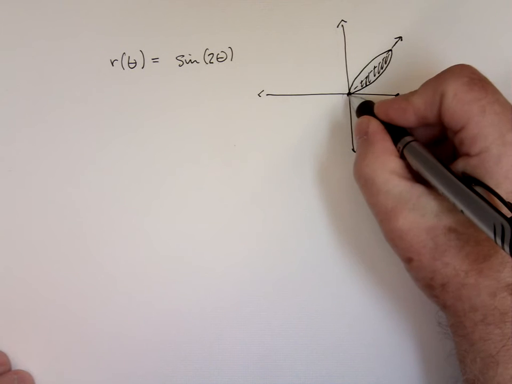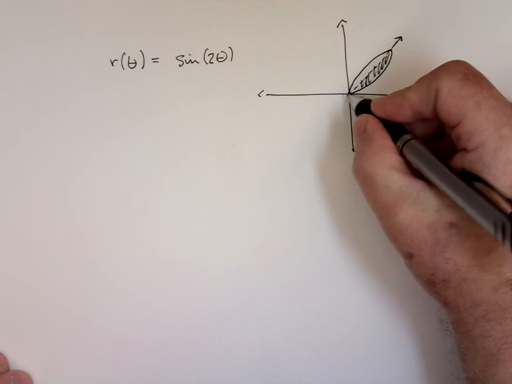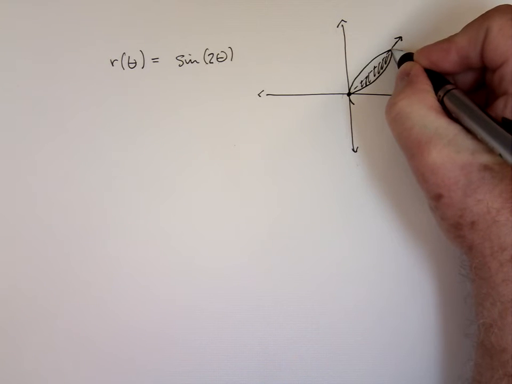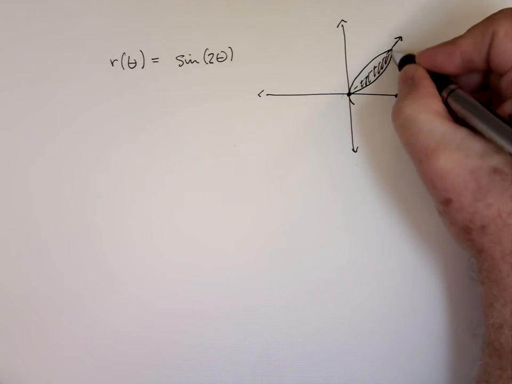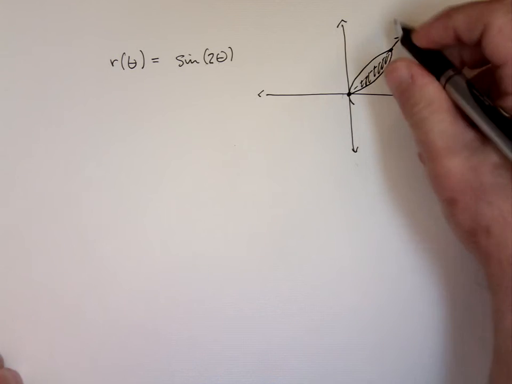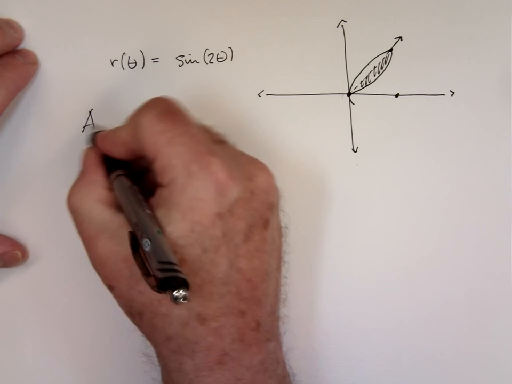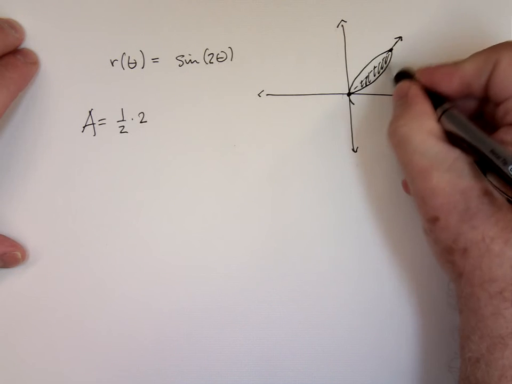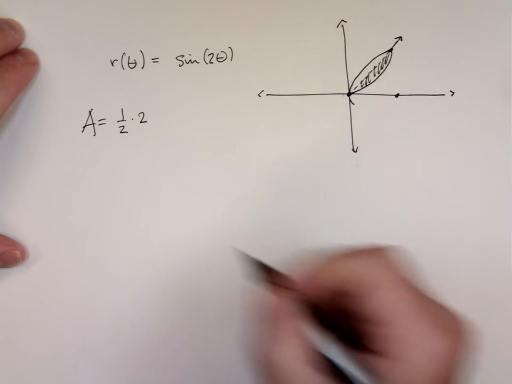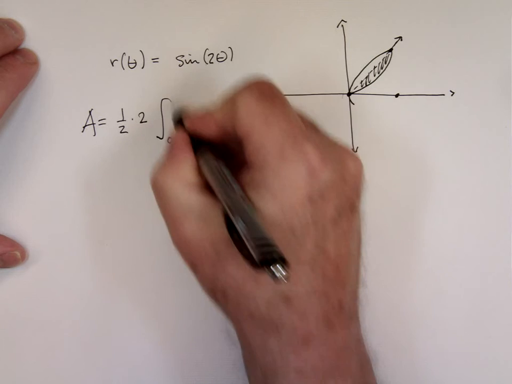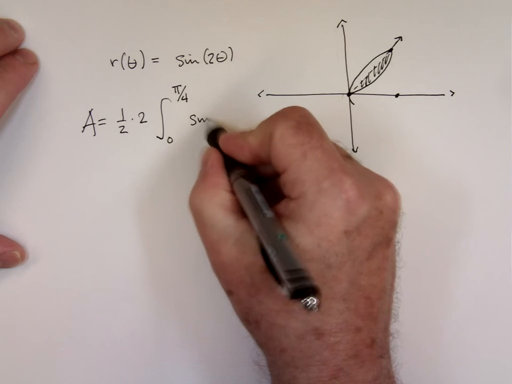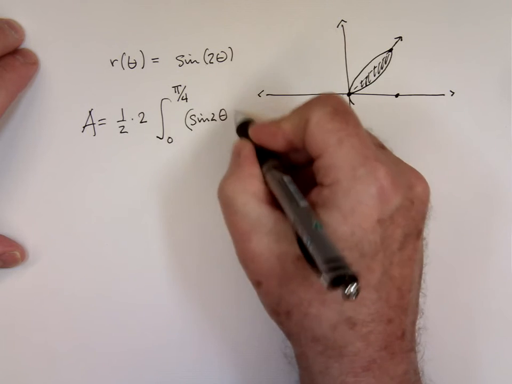Half a petal will go from 0 to pi over 4. Pi over 4 gets me to here. So that area is 1/2. I'm going to double it because I'm going to go 0 to pi over 4, that's out to here, of r squared d theta.